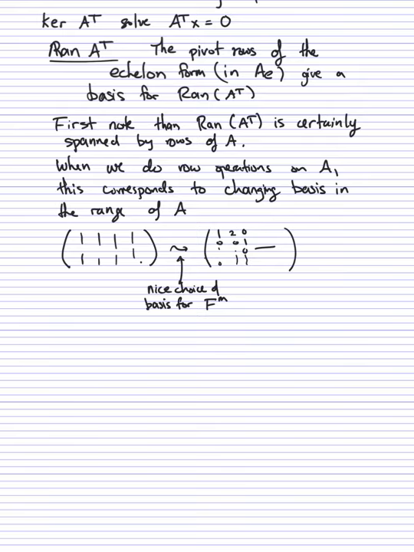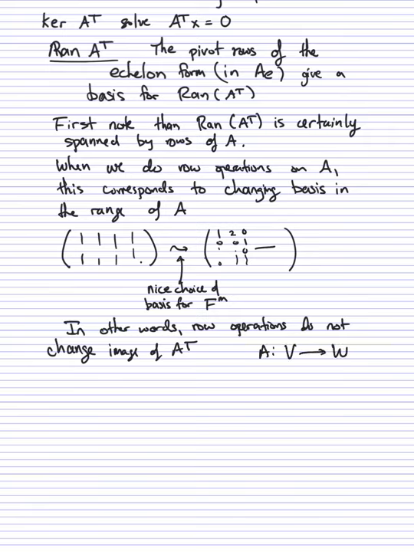The domain of A transpose. So in other words, these row operations do not change the image of A transpose. If I give you a linear transformation between two vector spaces, and then I write in some matrix, and then I change the basis of the domain, I get a different matrix, but the image is exactly the same.